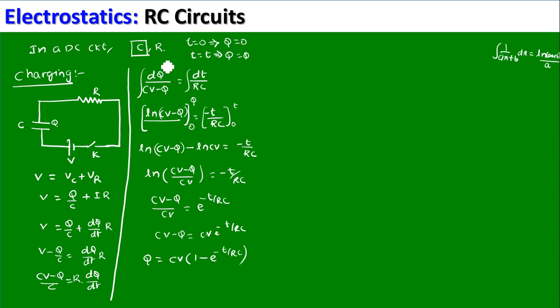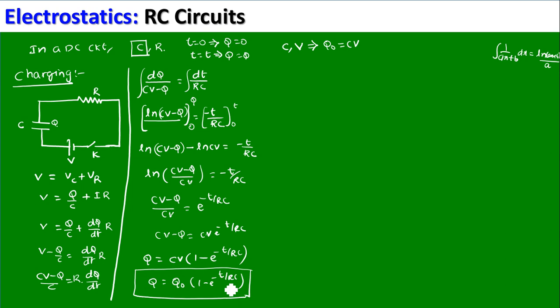So for a capacitor of capacitance C and cell EMF V, the maximum storage of this capacitor will be C times V. Let me write that equation as Q naught into 1 minus e power minus t by RC. So this Q naught is nothing but the maximum charge that can be held in the capacitor. I hope you understand that.